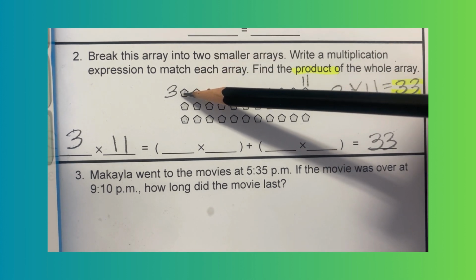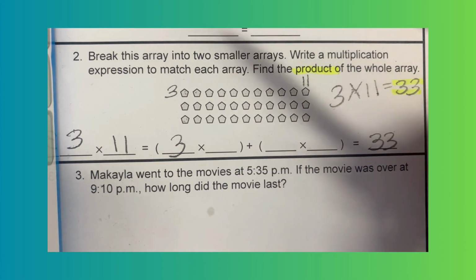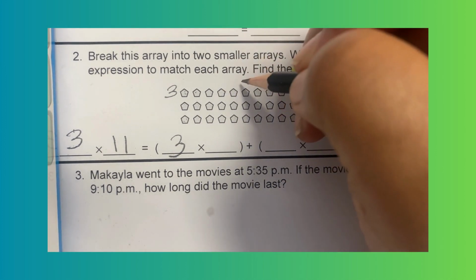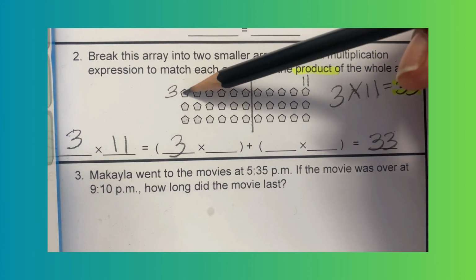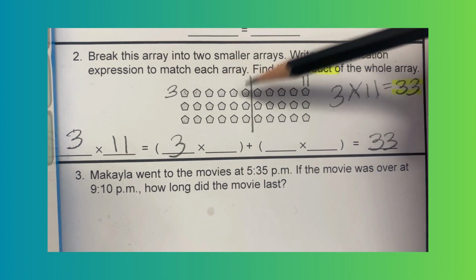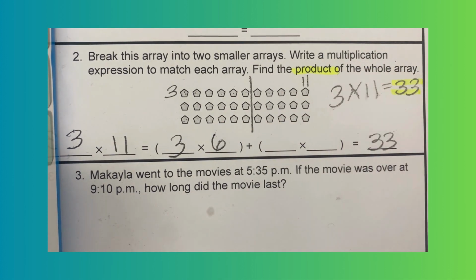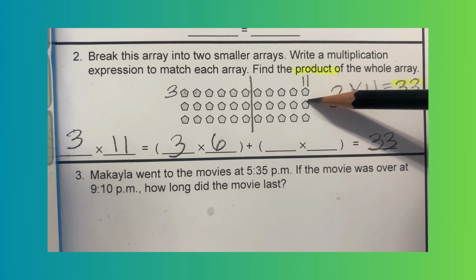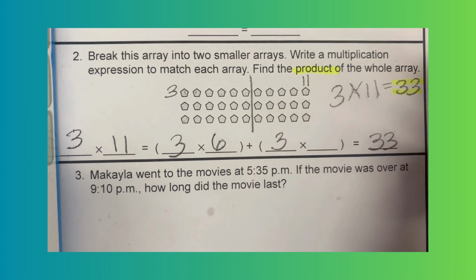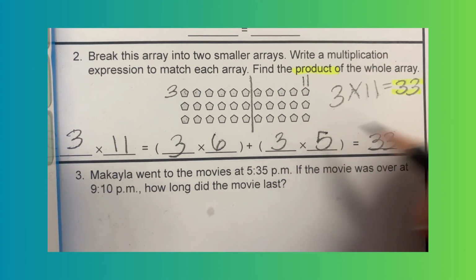So we can do 3, because we have 3 rows, times, splitting our array sort of down the middle evenly. We'll have 1, 2, 3, 4, 5, 6. So 3 times 6. And then the array that we have left over will be 3 rows times 1, 2, 3, 4, 5 columns.